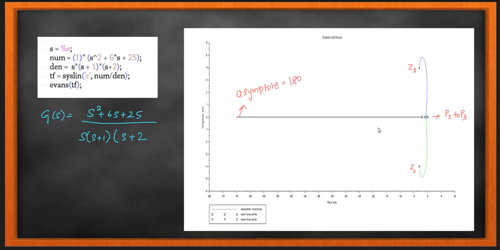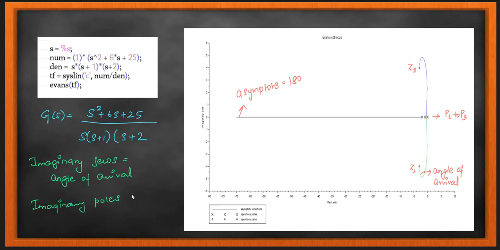My asymptote is at 180° here, and these are the angles of departure. Sorry, this is my angle of arrival, because I'm having complex conjugate zeros. And since my asymptote is 180°, there is no breakaway or break-in point. I can just write that the breakaway point doesn't exist, and if you write that, you get two marks.